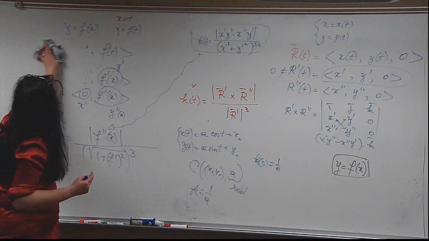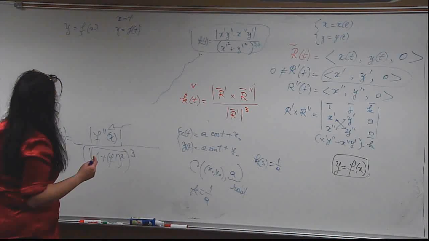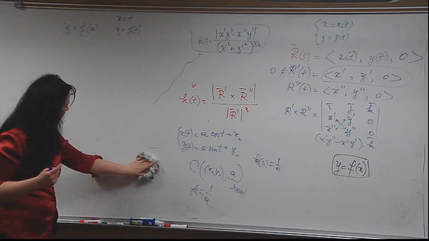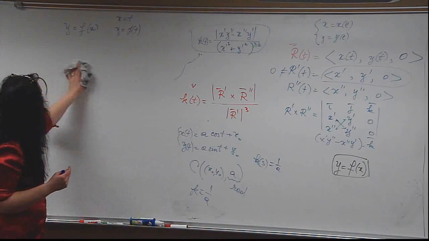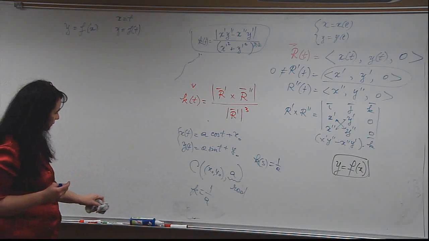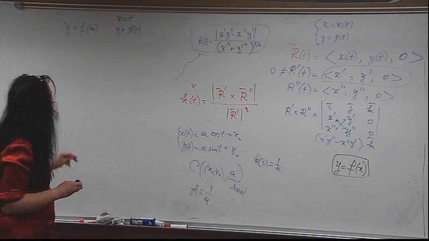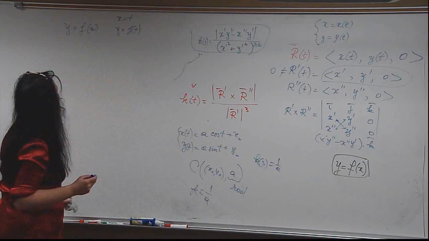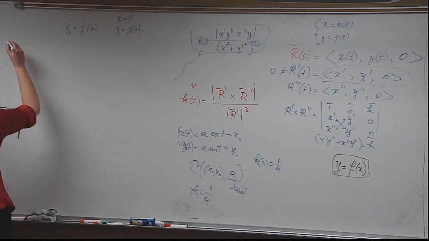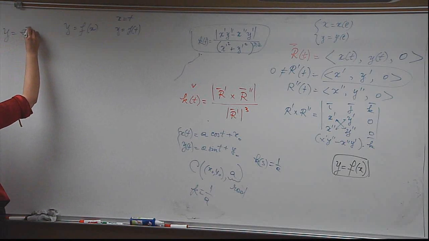Let's see one example. Let's take y equals e to the x. No, let's take e to the negative x. Doesn't matter. y equals e to the negative x.